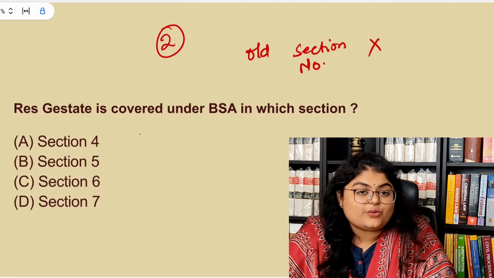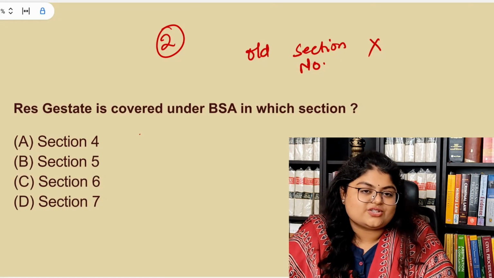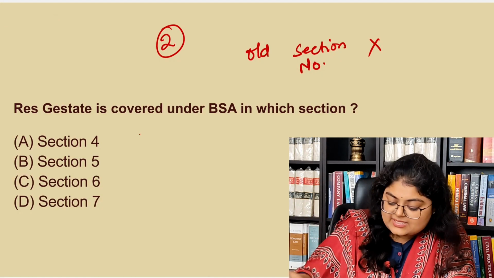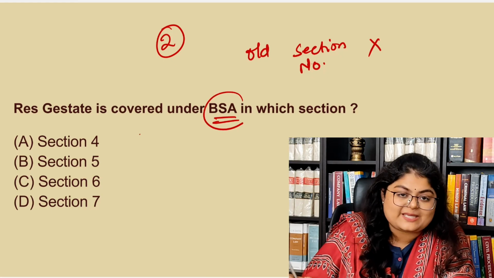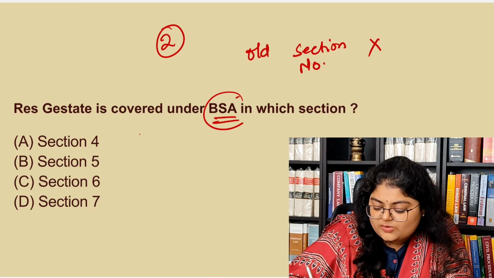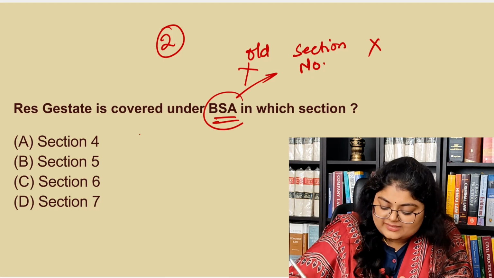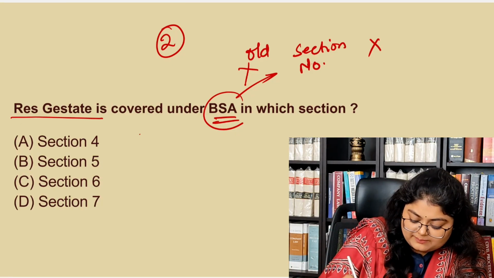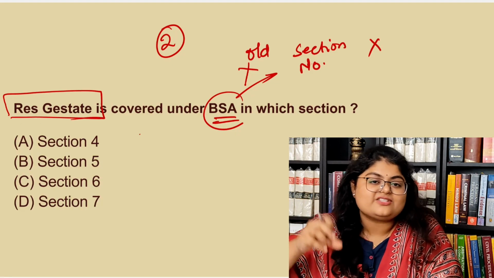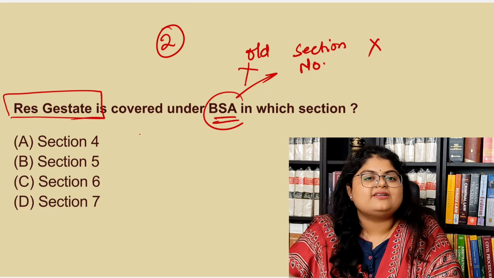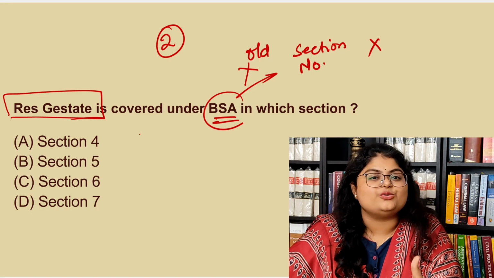But in the second question, the old section number is not given. They are asking for the new section number under BSA, but they have not given the old section number. Rather, they have given the concept name. They are saying res gestae concept is covered under which section under the new law.